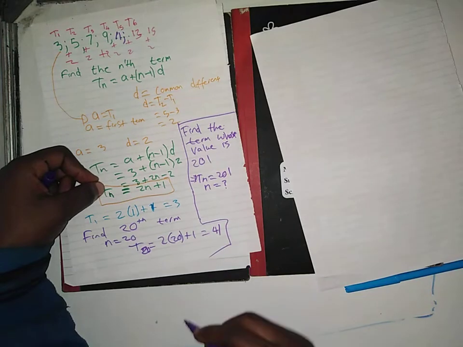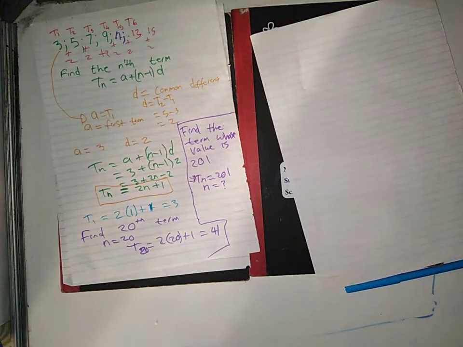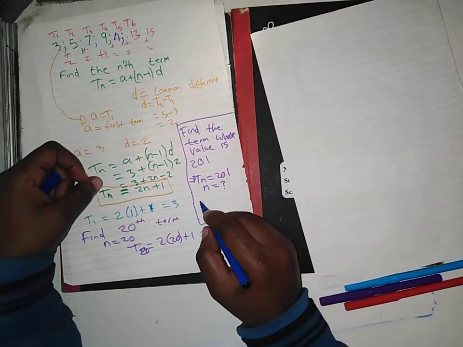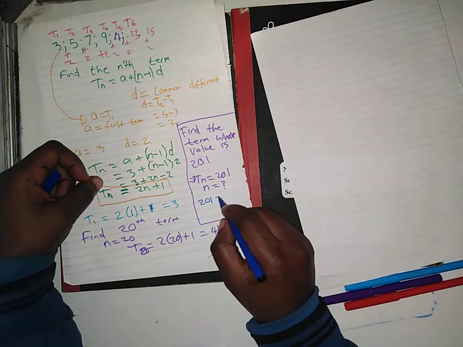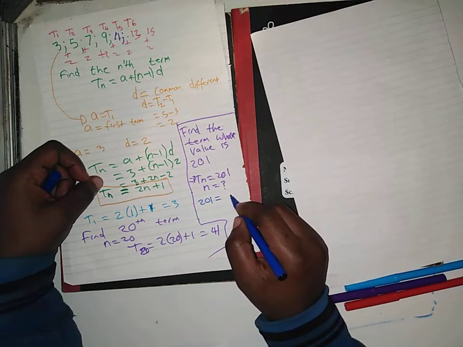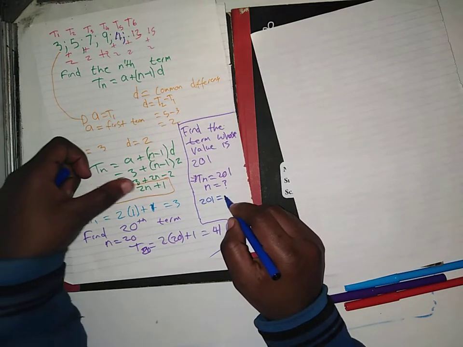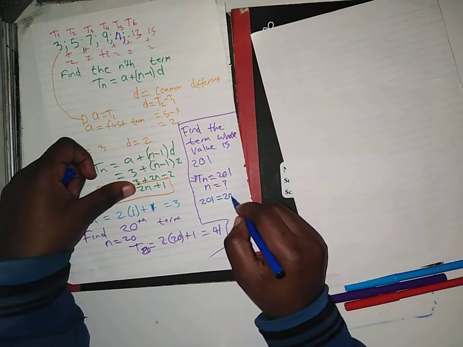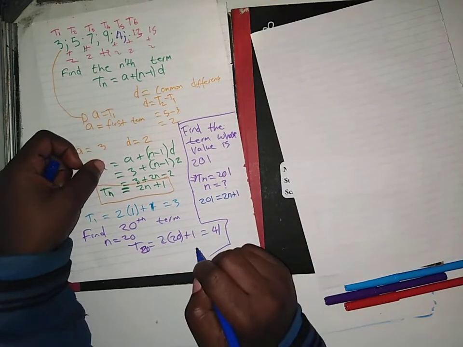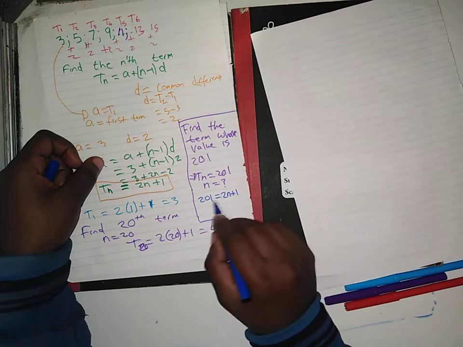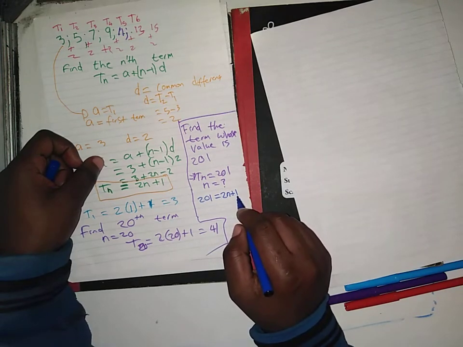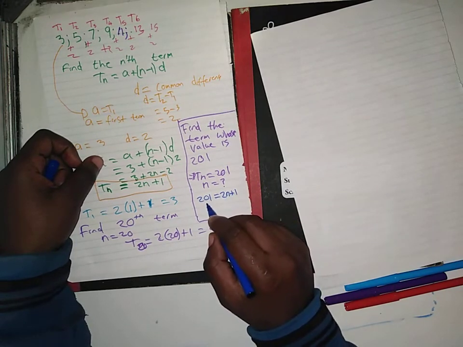We go back to our equation, and we say 201 is equal to 2 times n, we do not know what our n is, plus 1. Can you see, now this looks like a normal solve for x equation. So we take this 1 to this side and it becomes 200.